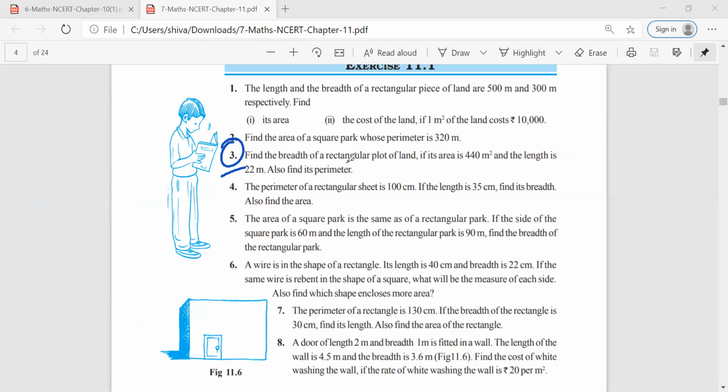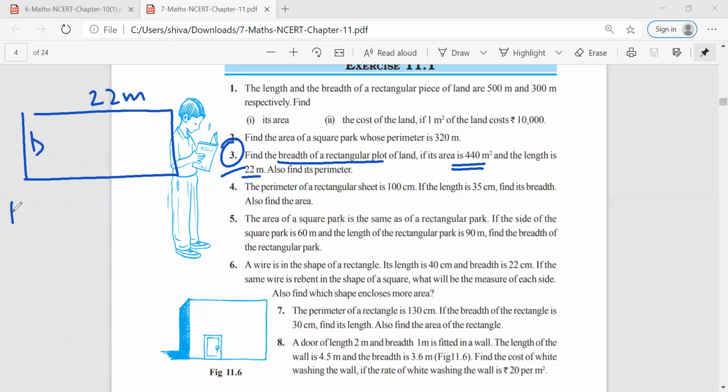Question number 3. We have to find the breadth. Area is given. Length is 22. It's a rectangular plot. So the breadth will be 20 meters. So this is 22 meter. B into 22 is equal to 440.